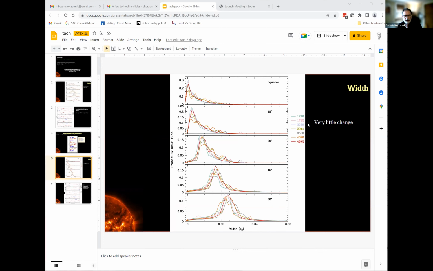The different colors are for time series that start at different dates. You can convert the MDI mission number into a date, but the point is that there's very little change of that dependence of the width with latitude as a function of time. And she's getting a tighter probability distribution of what the width is by using longer time series.